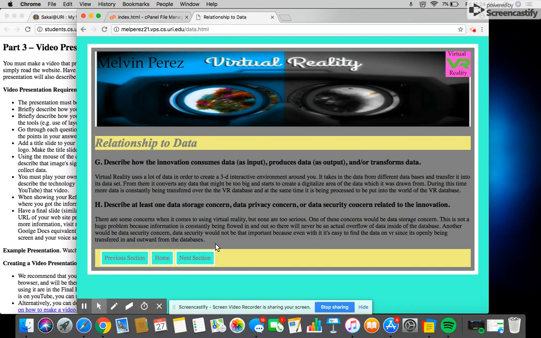There are some concerns to virtual reality when it comes to data storage, but I feel like it shouldn't be a problem because the data is constantly being flowed in and out. There's always new data coming in and old data going out. There's never a real overload. For security concern, the data is not really that trackable since new data is always coming in and out.